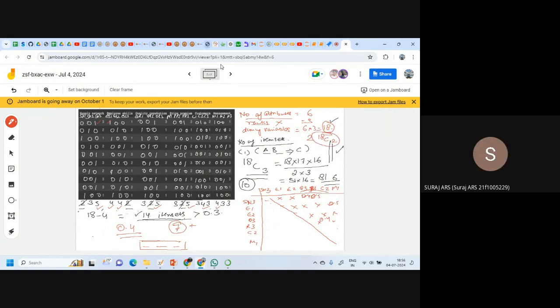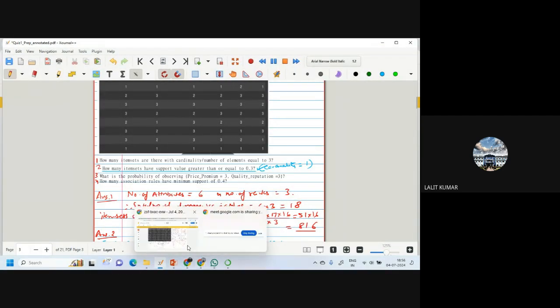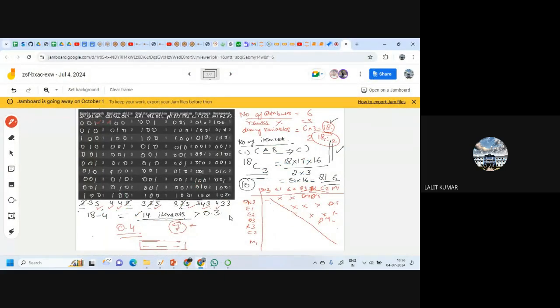Next, this is a simple one. For example, what is the probability of observing price premium equal to 3 and quality reputation equal to 3? This is straight away very easy. See, price premium 3, quality reputation 3.